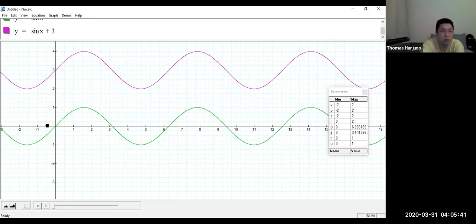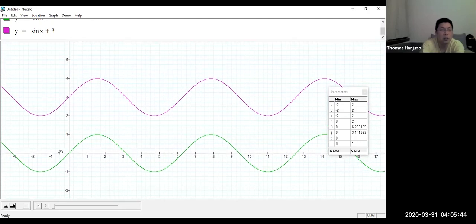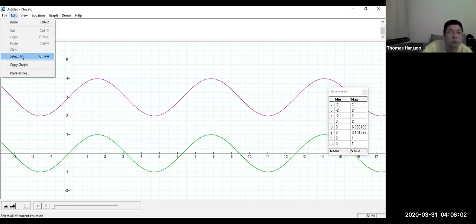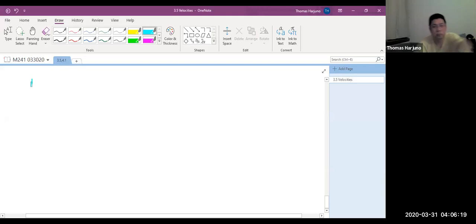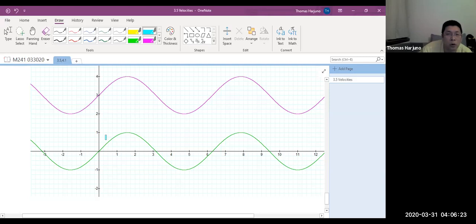If you are still fresh with your intermediate algebra, then you see that sine x plus 3, this graph here, is basically the graph of sine x moved up 3 units.